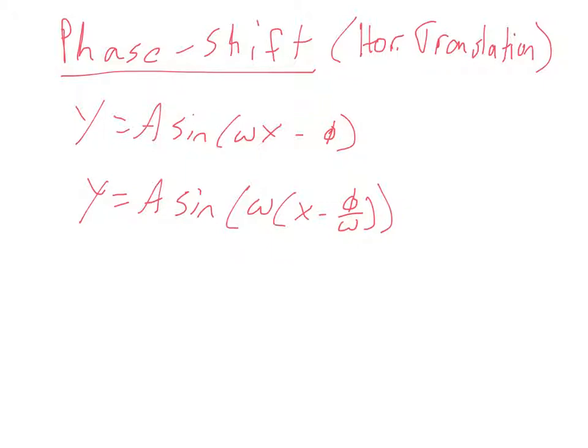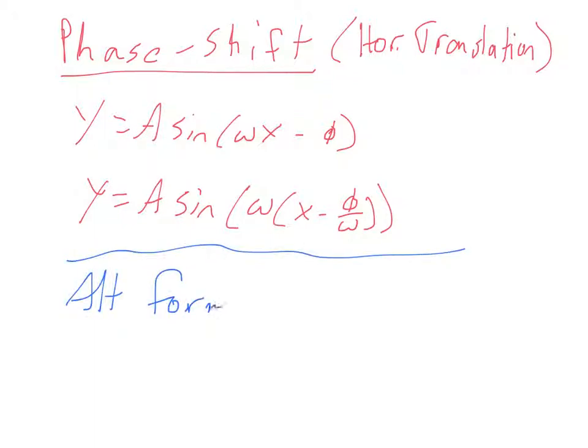A lot of other books might say an alternate way of writing it would be y is equal to a sine of omega times x minus whatever the phase shift is going to be, which we could just call c for now, as opposed to having this be a weird fraction because you factored out the omega value.